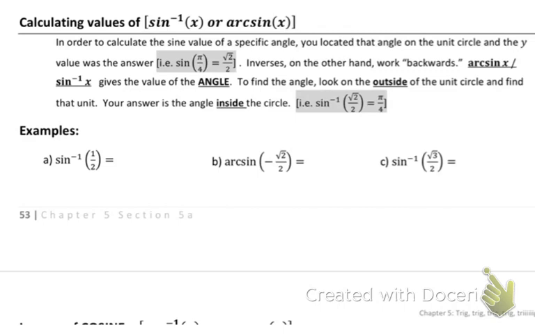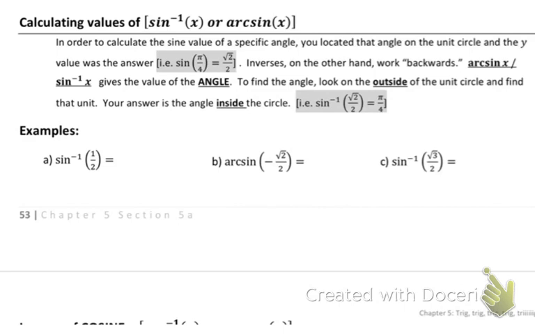Take out your unit circle and find where sine actually equals square root of 2 over 2. Anywhere else? 3 pi over 4 and pi over 4 are 2 possible answers, right?